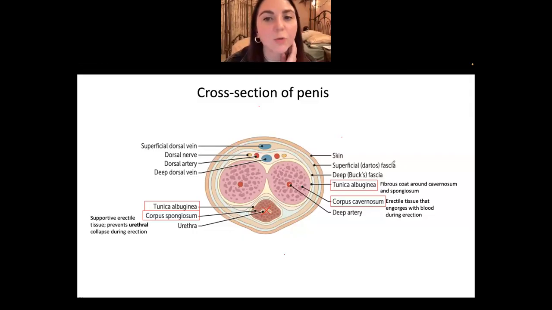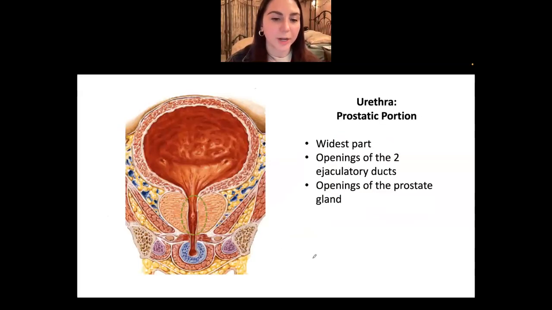And it actually has to do with buccal fascia and the superficial fascia. So we'll talk about that in a few slides. But everything else I don't think you really need to know. So corpus cavernosa, artery, tunica albuginea surrounds. Corpus spongiosum, no artery, no vein, that's urethra, and it's also surrounded by tunica albuginea.